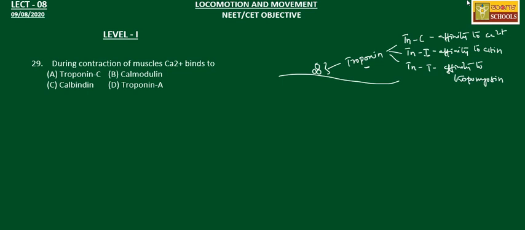Then coming to the different words we have here, there is calmodulin. Calmodulin is a calcium binding protein found in the cytoplasm of all eukaryotic cells.